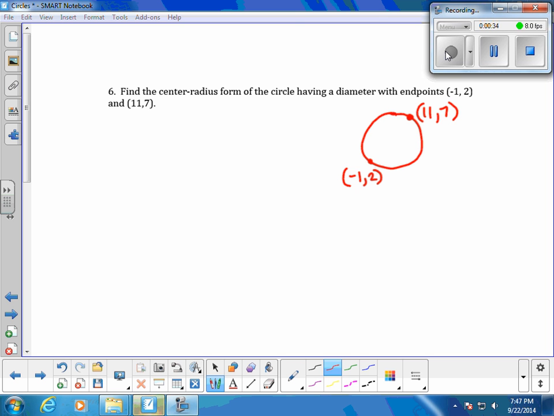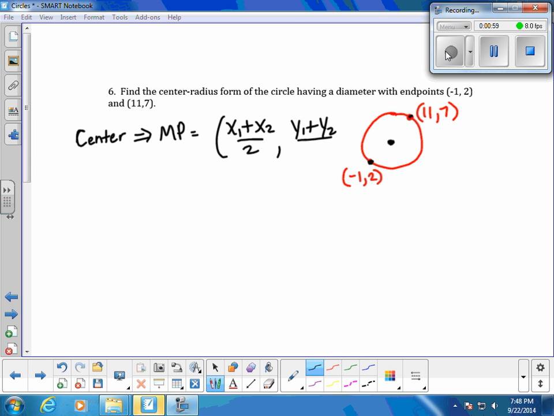Now if they ask me to find the center, I can take this endpoint and this endpoint and find the middle, which is the midpoint. So my center can be found using the midpoint formula: x1 plus x2 divided by 2, y1 plus y2 divided by 2.